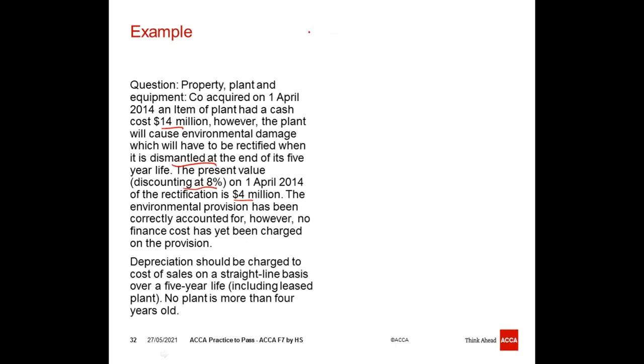So when we have bought the asset, the accounting entry should be plant debit by 14 million, cash credit by 14 million. And then we have booked the dismantling cost, so the entry should be asset debit by 4 and provision credit by 4.